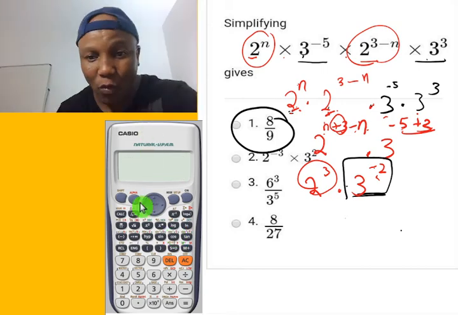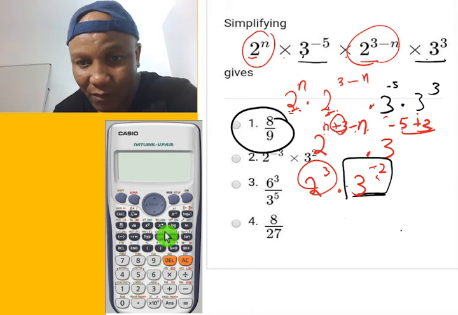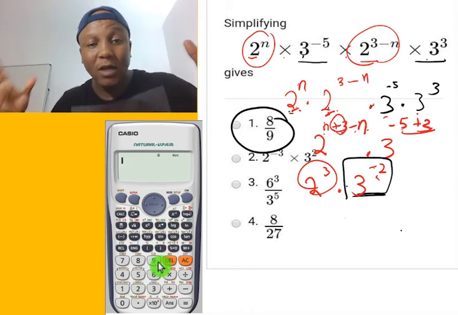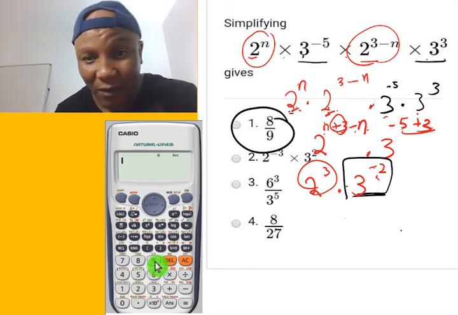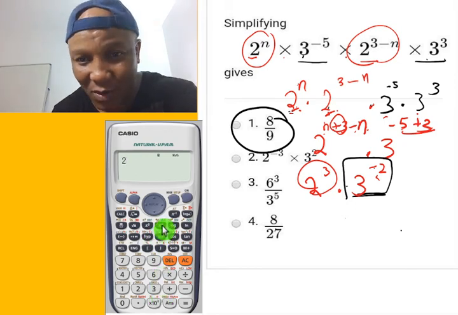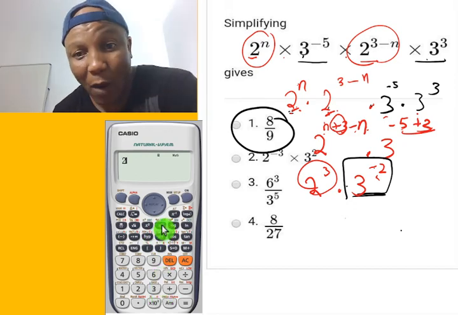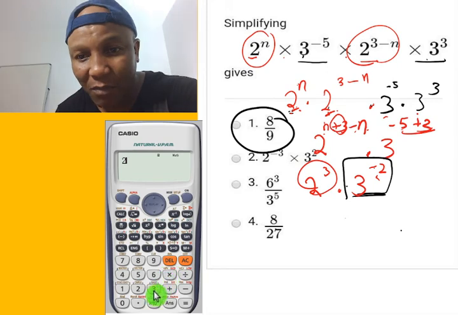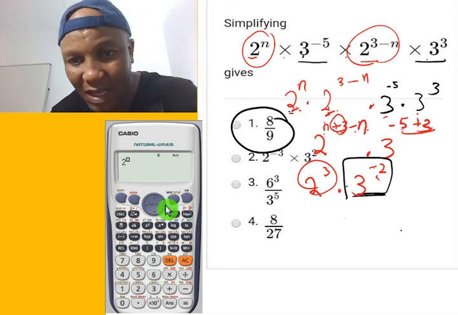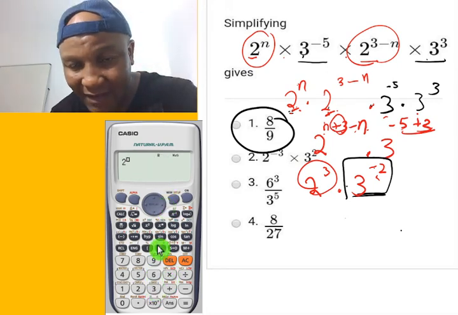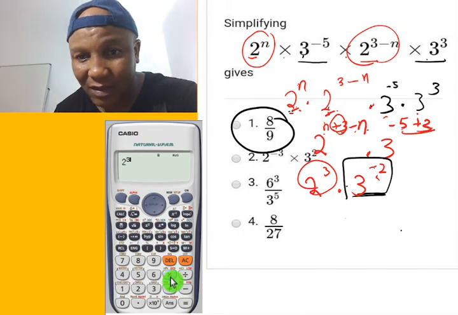So 2 power 3. Okay, so we're going to say 2. You froze. Come on, don't freeze now. Let's go. 2 power 3, and then we say times.